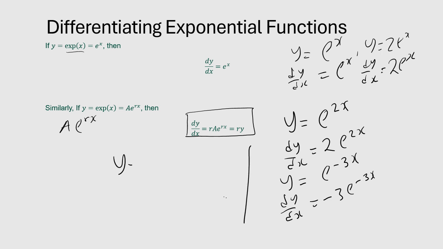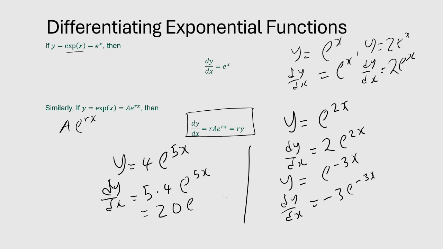Similarly, if you have y equal to 4 exponential 5x, then dy over dx is take 5 times 4 exponential 5x. So it is 20 exponential 5x.